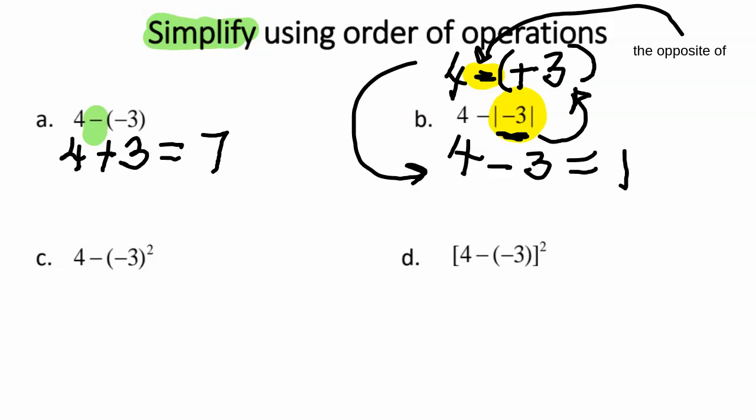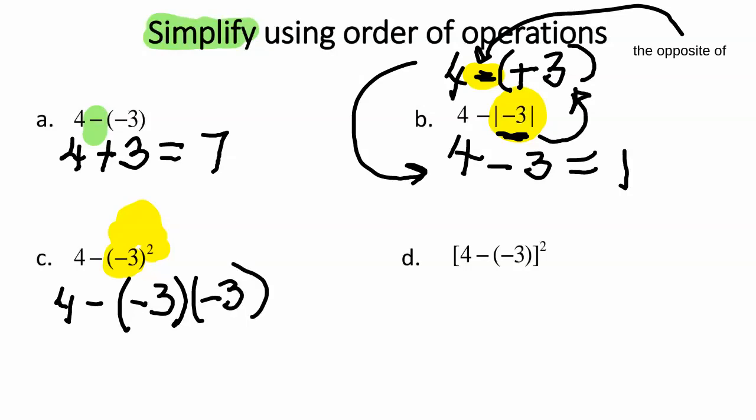Now, this one. Some people, I'm not sure why, have trouble with this, but I'm going to show you a way that you can kind of avoid it, or at least I'm hoping so. This little 2 pertains only to the -3. So what I have here is 4 minus -3 times -3. That's what that 2 means.